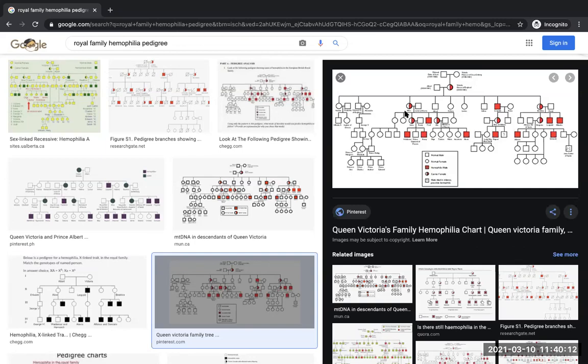When you're inbreeding, and even marrying your cousin is inbreeding, that's increasing the chances of the recessive alleles. If you're a carrier for it, there's a higher chance that if you're inbreeding with a person who's also a carrier, your offspring is going to have the disease. So that's why inbreeding can increase the chances of genetic disorders. But this is called pedigree analysis.